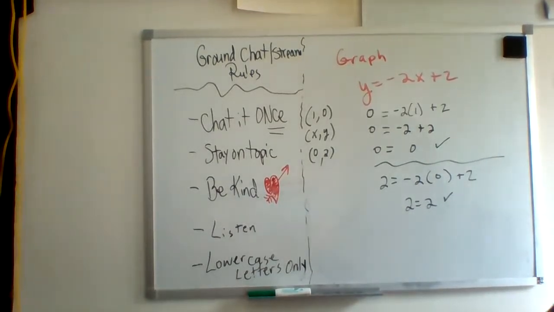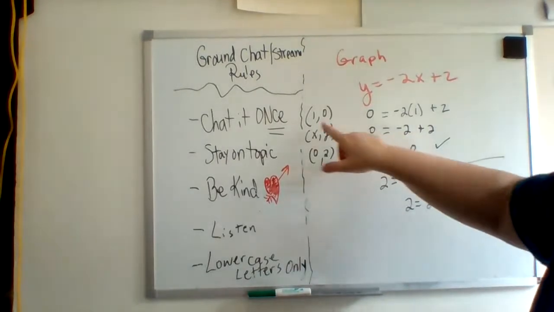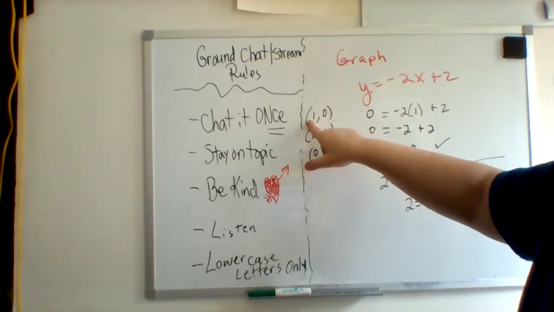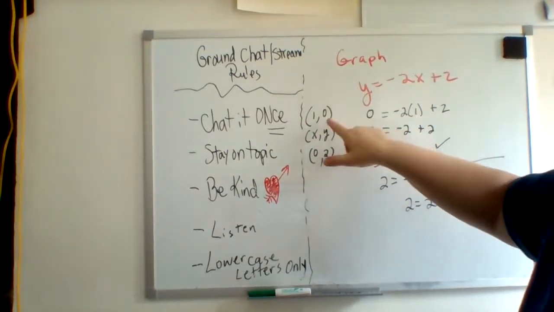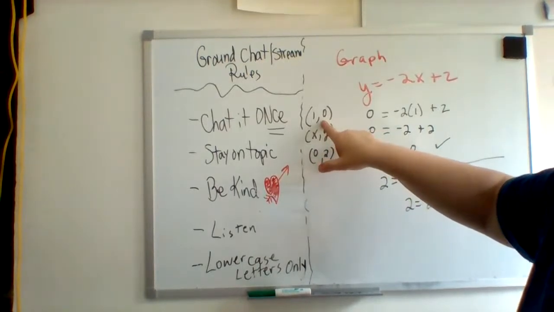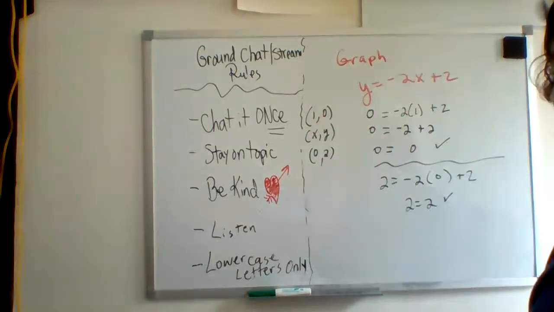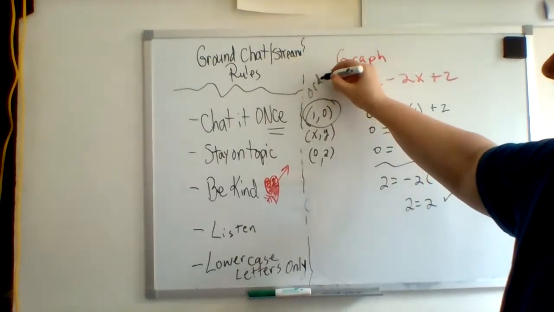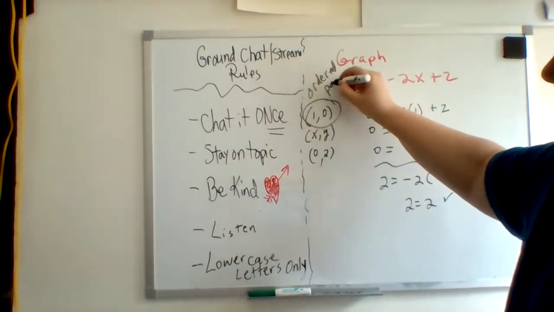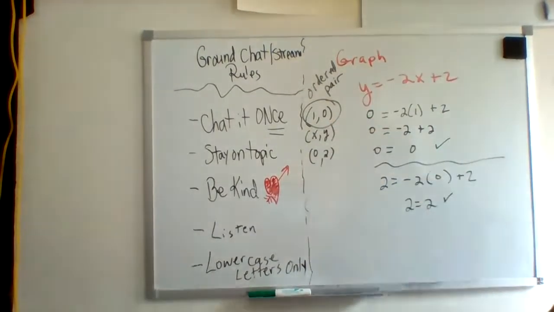Okay, I want you to be very careful how you answer the question. When you told me that x equals 1, I said to you, if x equals 1, what does y equal? That's when you tell me y equals 0. So if x is 1, y is 0. If y is 0, x is 1. They're a pair, an ordered pair. This right here is an ordered pair, or a coordinate.